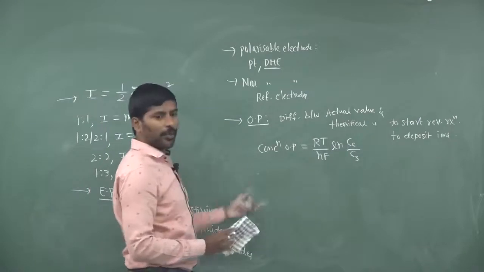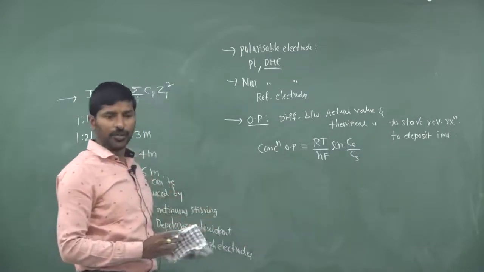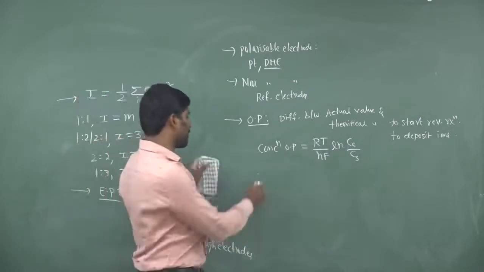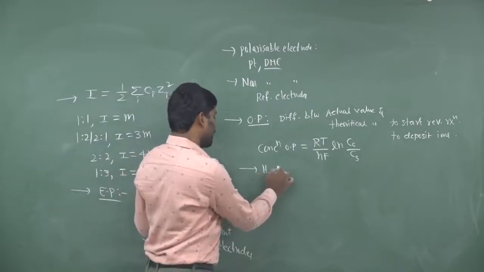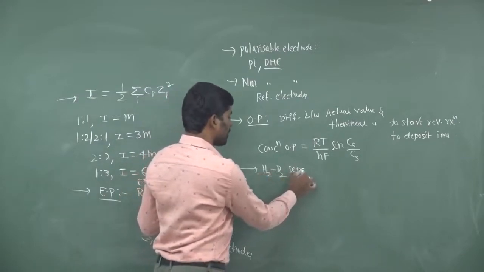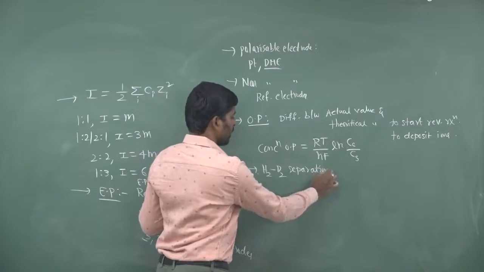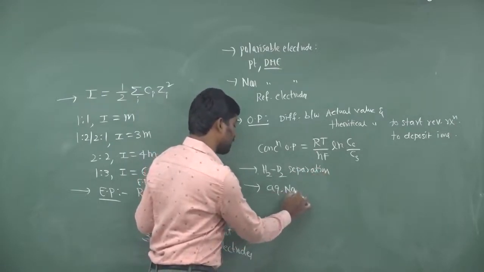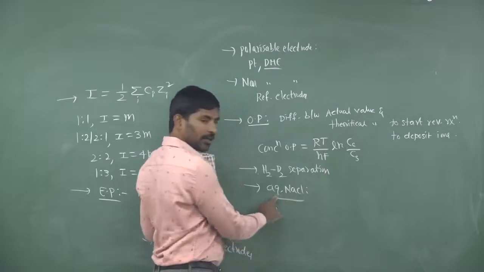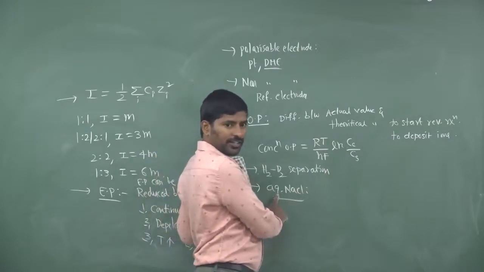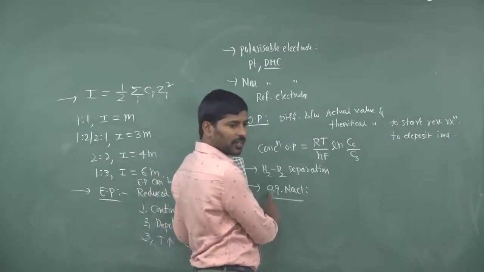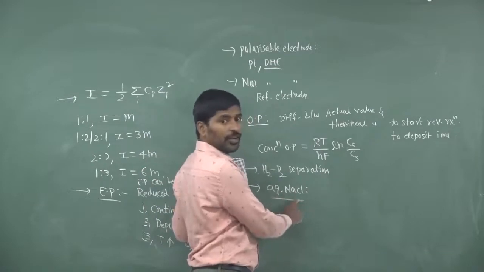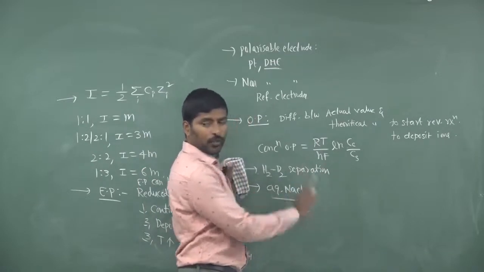We also discussed some applications of overpotential that you may verify once. Hydrogen deuterium separation. Next, if you take aqueous NaCl, water would actually undergo oxidation at the anode, but instead chloride undergoes oxidation to give chlorine gas.